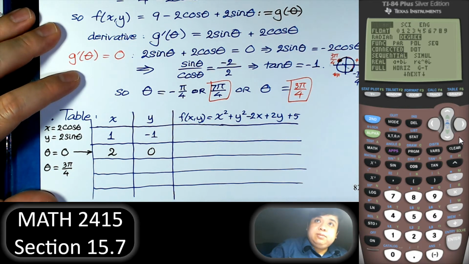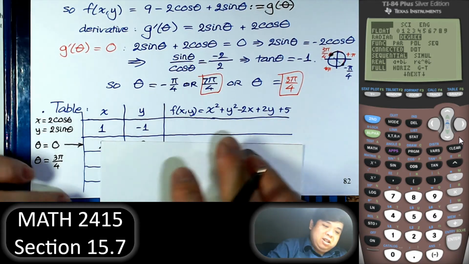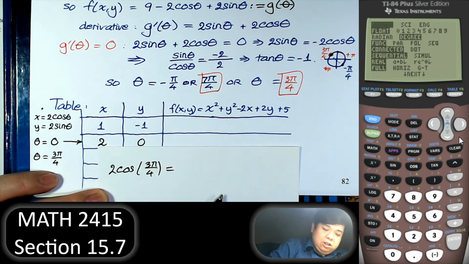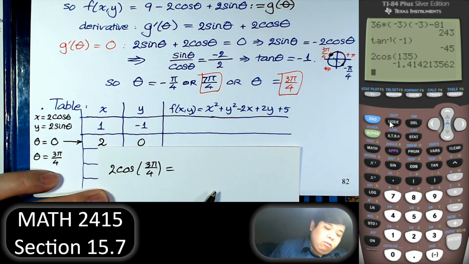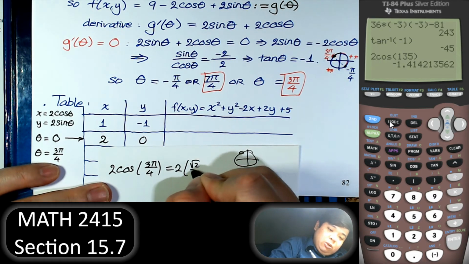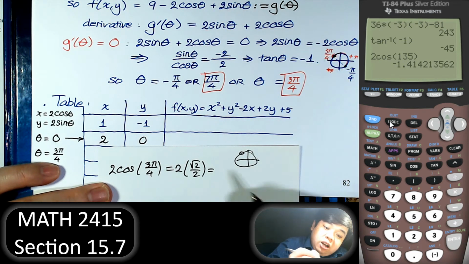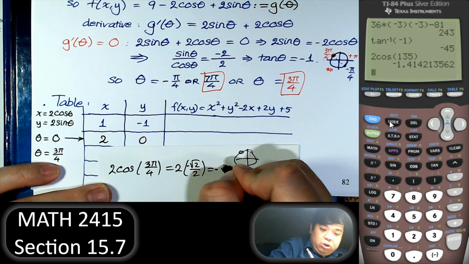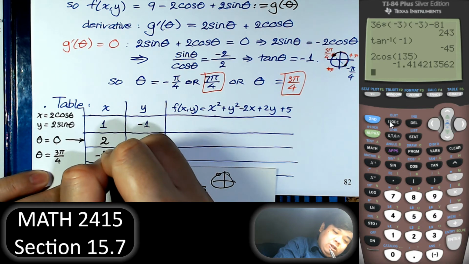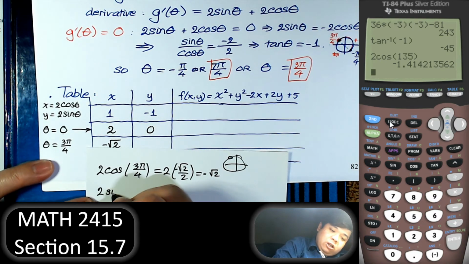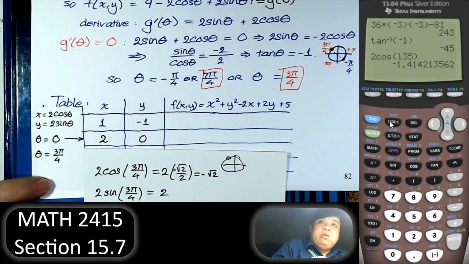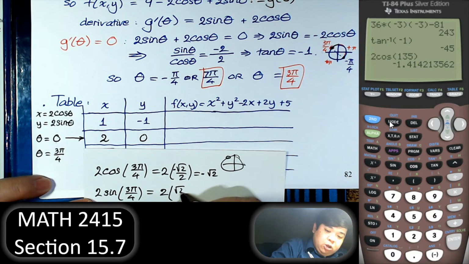Then 2 cosine of 3 pi over 4: cosine gives square root of 2 over 2, and by the way it's negative, so negative square root of 2. So x equals negative square root of 2. And 2 sine of 3 pi over 4: sine of 3 pi over 4 is square root of 2 over 2, positive.